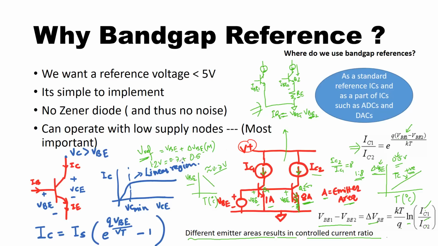And if you manage to produce that 1.2 volt, it will have, let's say, V reference versus temperature. And we say that it will have nearly constant behavior with respect to temperature, because on the first order, you cancel the negative TC of VBE with the positive TC of delta VBE. So that's the whole idea of band gap reference.